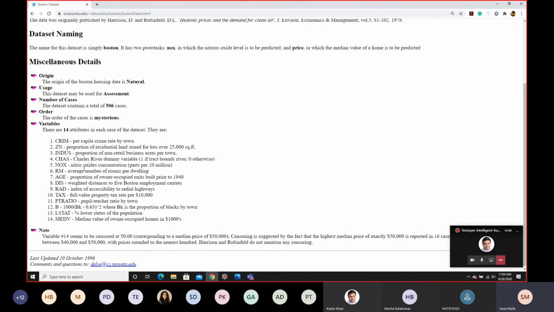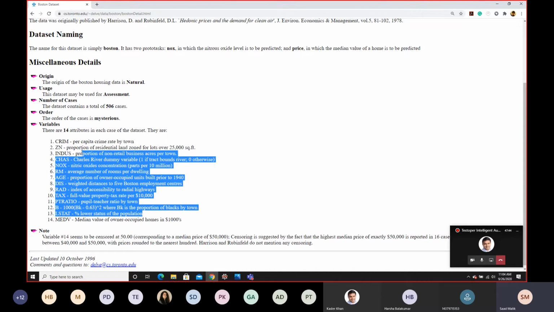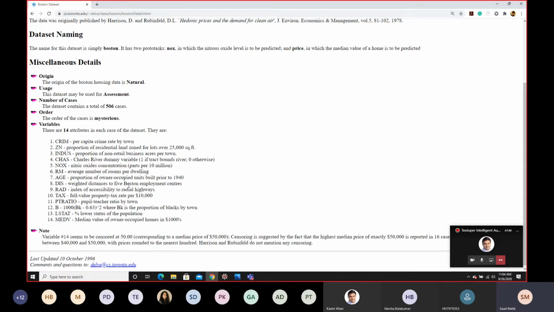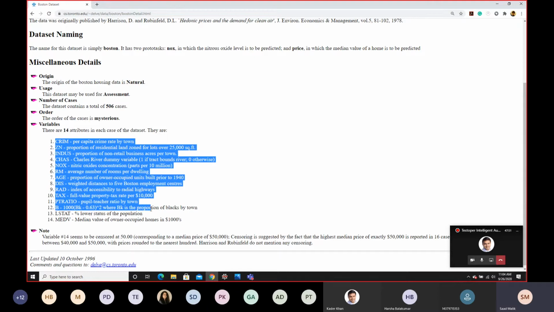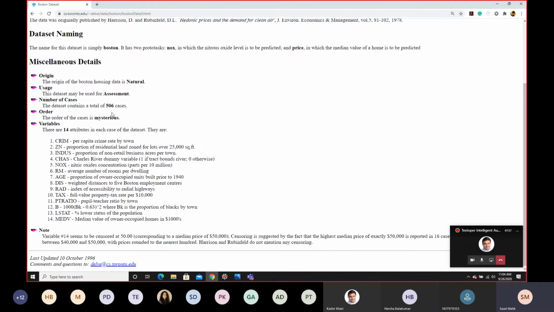What we want to do is see if we can use these values to predict the price of a home. We have 506 data points in this data set.